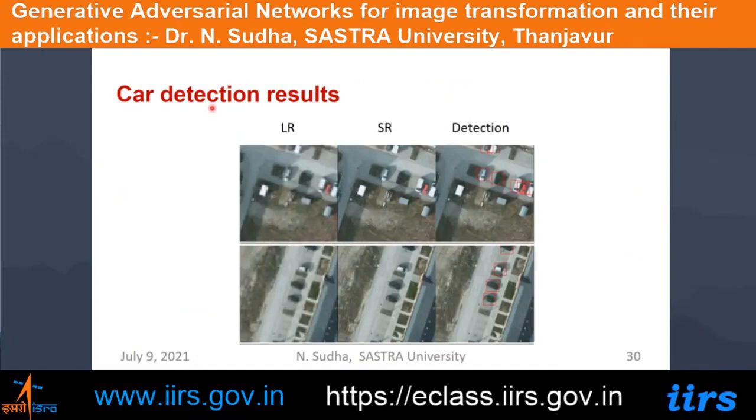For car detection on the aerial image, it was used because the objects are very small, and this is the low resolution image where it's very difficult to find these cars. But this low resolution image is transformed to the super resolution image by the generative adversarial network, and on this network the detector is applied to do the detection.